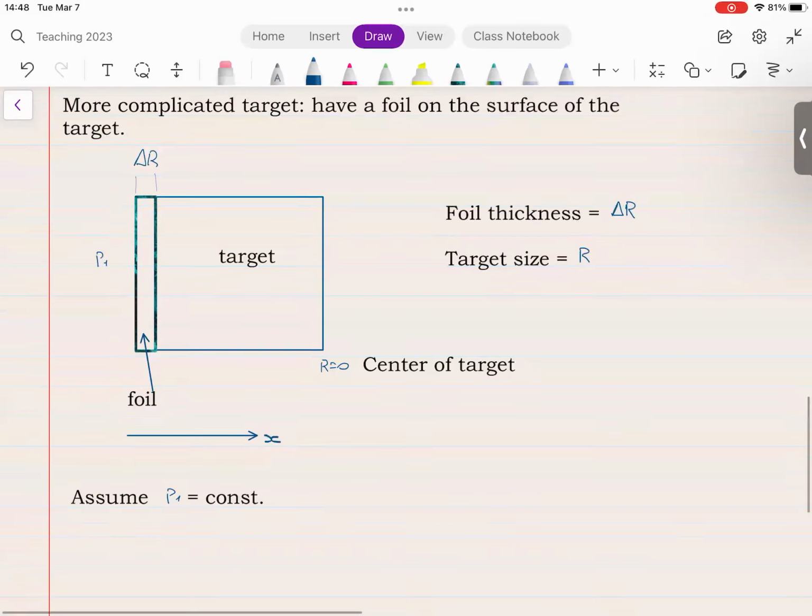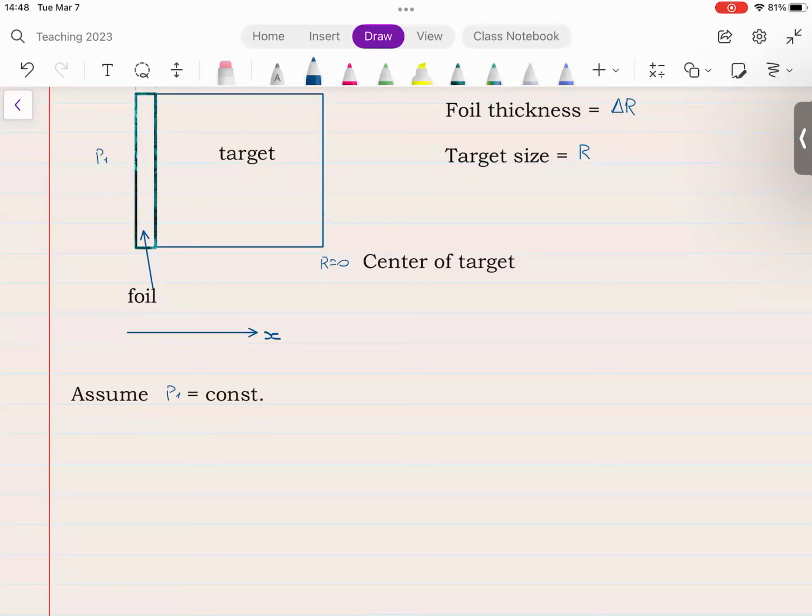Then the velocity, the implosion velocity, V sub F, where F stands for foil, this contrasts to the V solid we had in the previous case, is going to be equal to this expression.